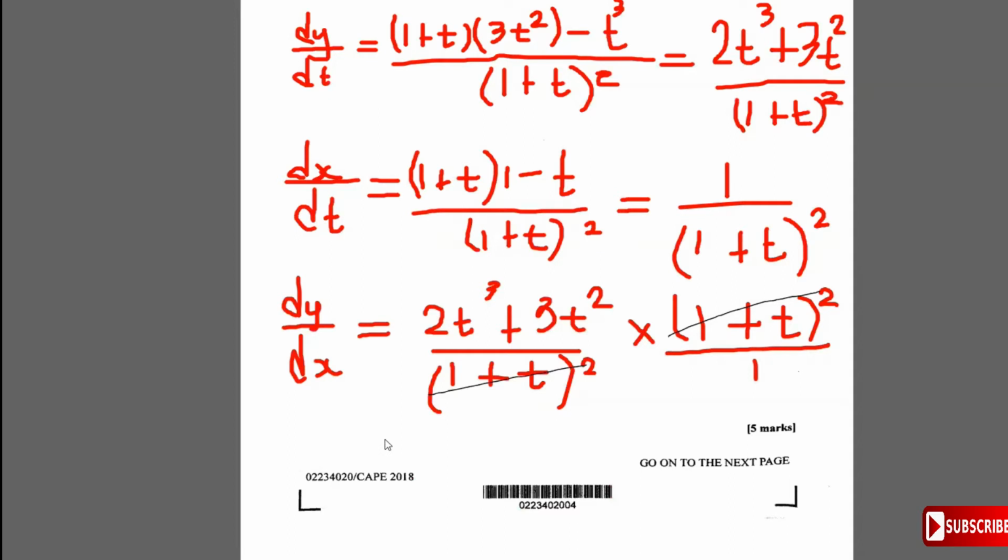So now we're able to find dy/dx at (1/2, 1/2), or rather, the gradient at that point.